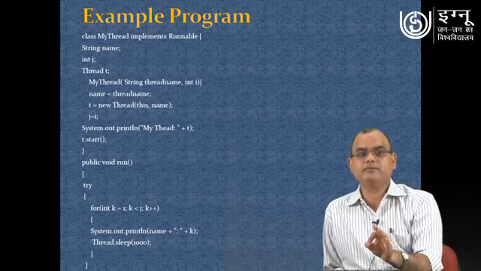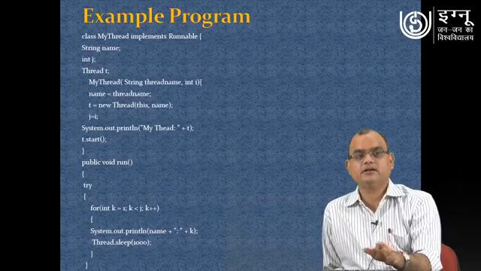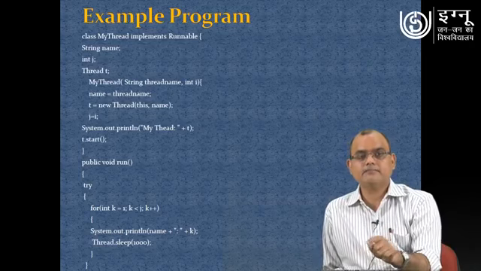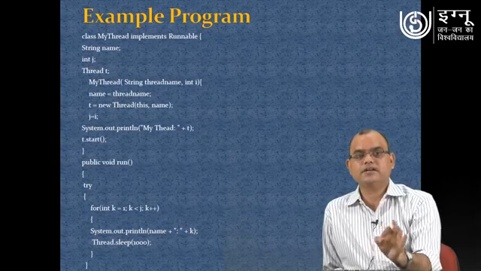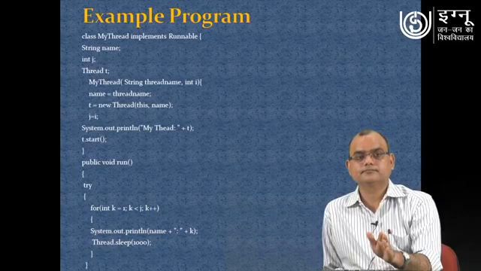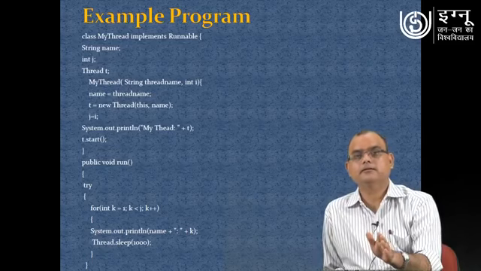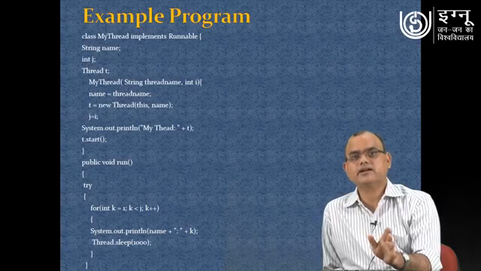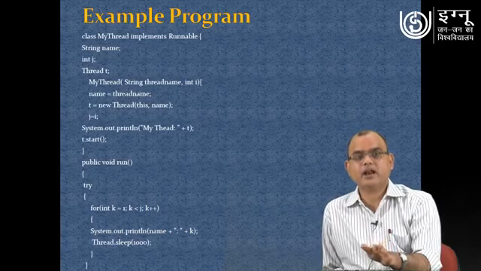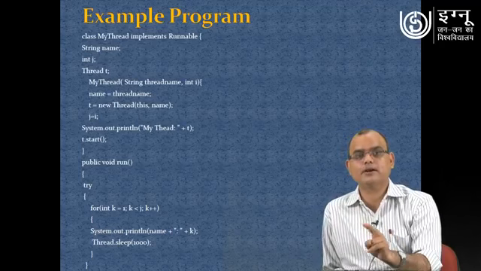One data member is of type string name, and second is one integer variable. Then we have created one object of class thread, and then we are defining constructor here, my thread. In that particular constructor, how many arguments we are passing? 2 arguments. So this constructor is a 2 argument constructor.